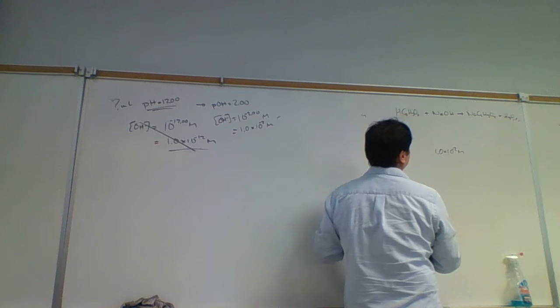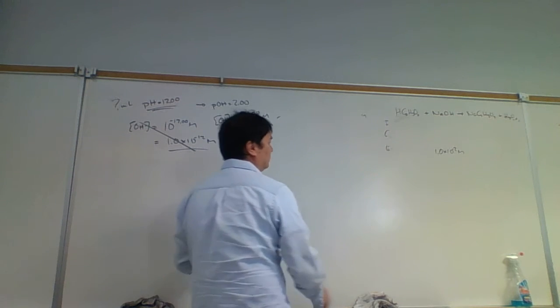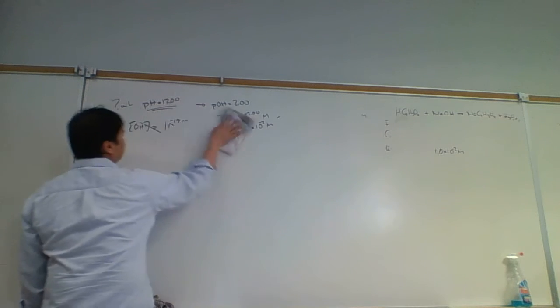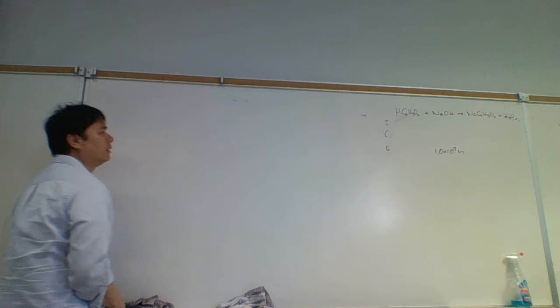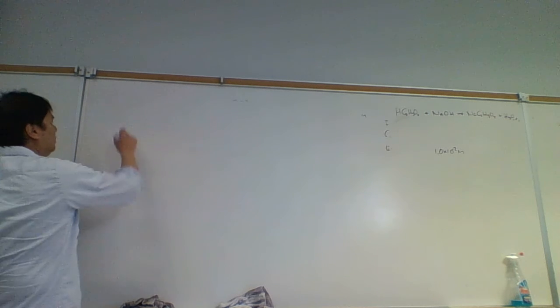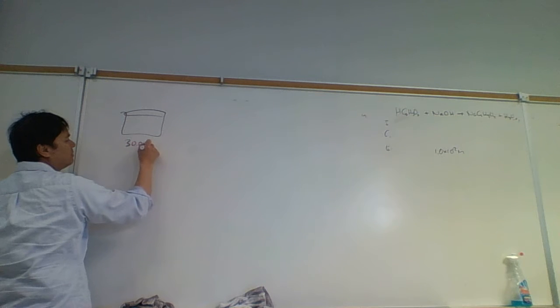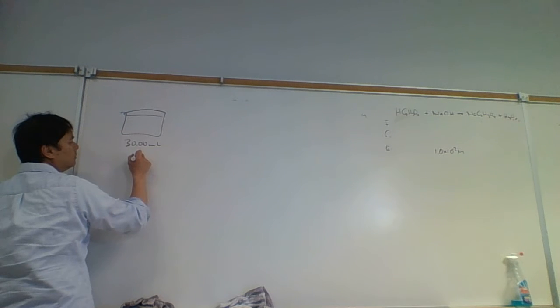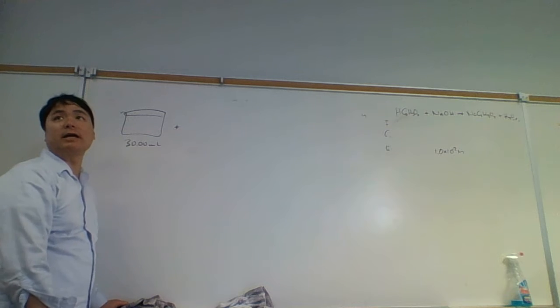Well, how do I work backward from this? So what I'm going to do is start from the beginning, like we do for all these problems. When I start from the beginning here, I have 30.00 milliliters of acid, and then I'm going to add how many milliliters of base?